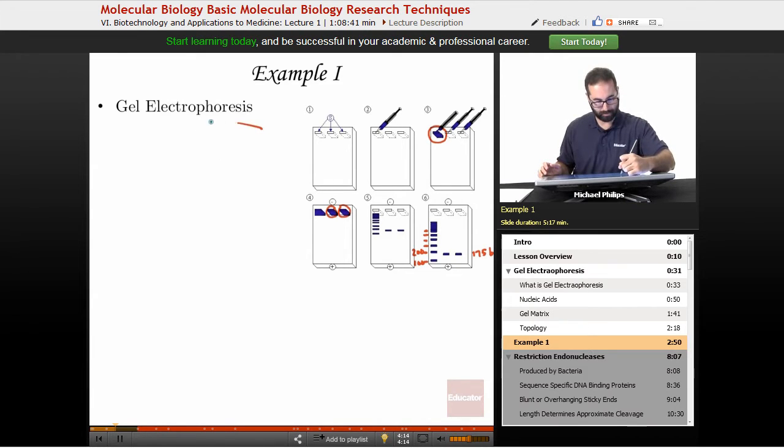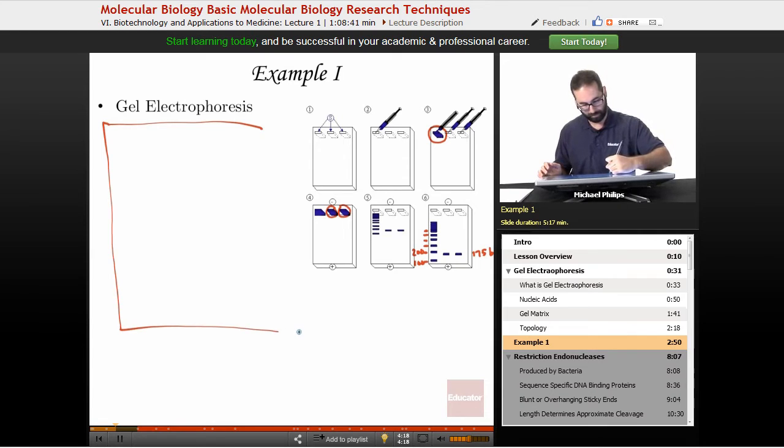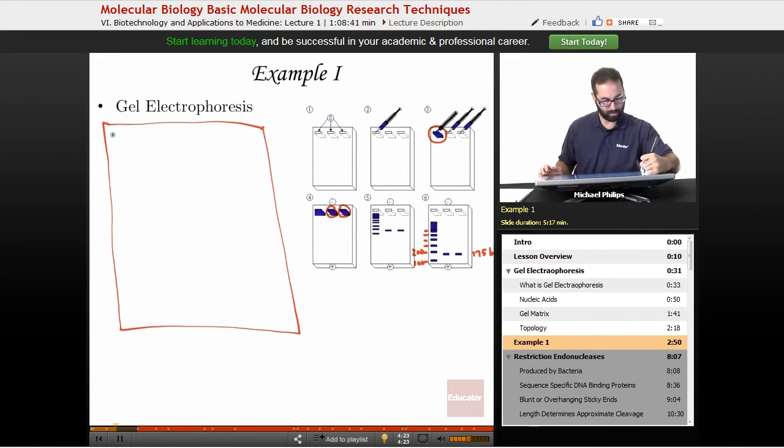Okay, here's our gel. Well 1, 2, 3, 4, 5. Well 1 is going to have our ladder.